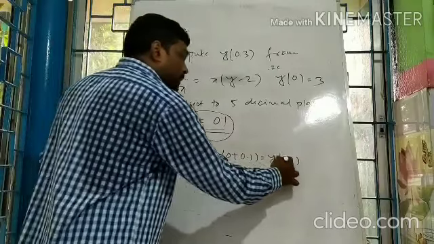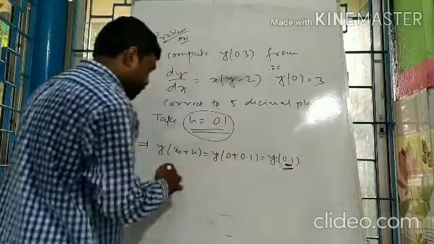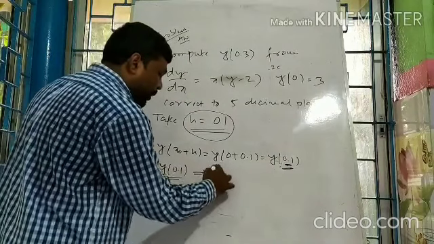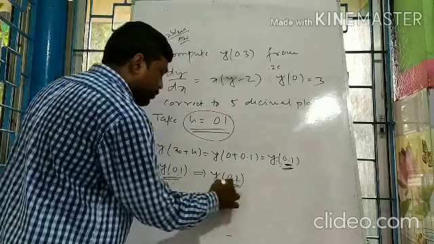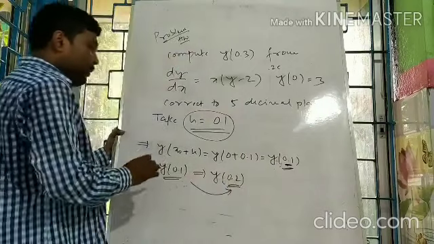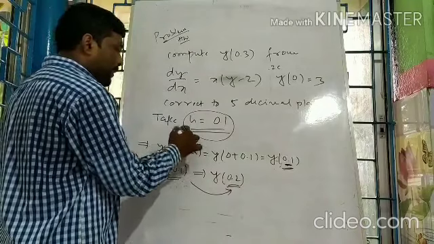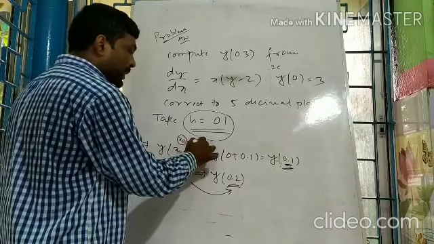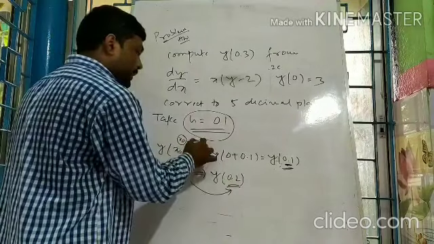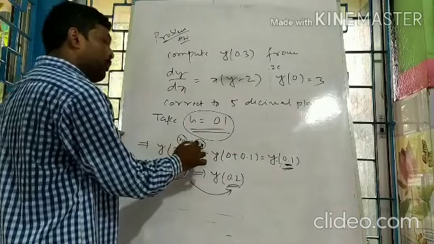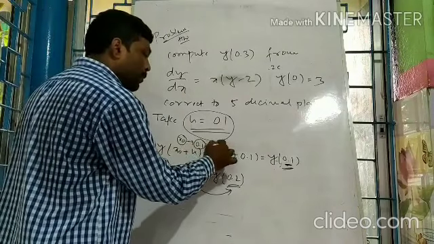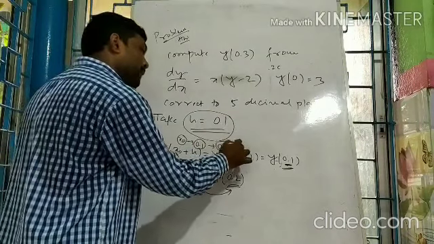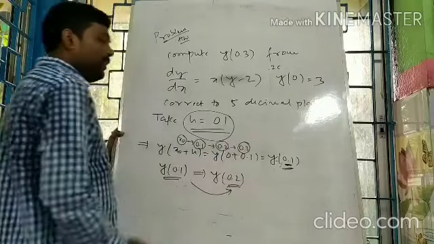Then consider this x as x0, that is, from y(0.1) calculate y(0.2), taking h equals 0.1. So taking x0 as the initial point, calculate y at the point 0.1. Then take x0 equals 0.1 and calculate y at the point 0.2. Now taking x0 equals 0.2, calculate y at the point 0.3.